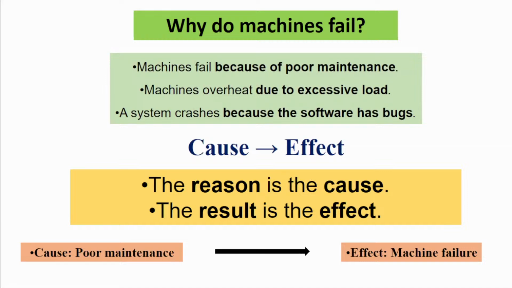So a certain thing happens, and for that to happen, what are the reasons? So that is basically cause and effect. What are the reasons a machine fails? The reason is the cause. That the machine fails is the effect. So tell me what is the cause and effect in the second sentence, machines overheat due to excessive load?